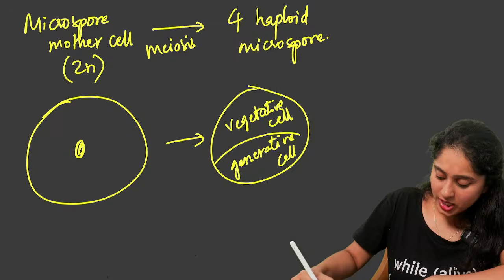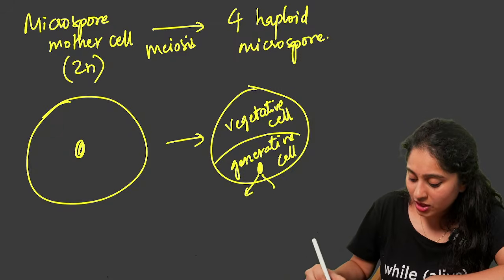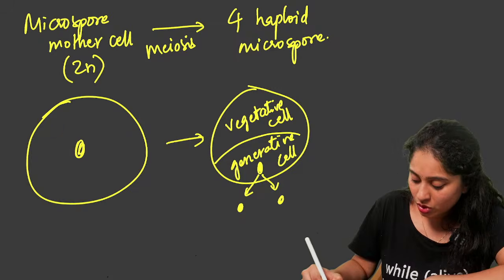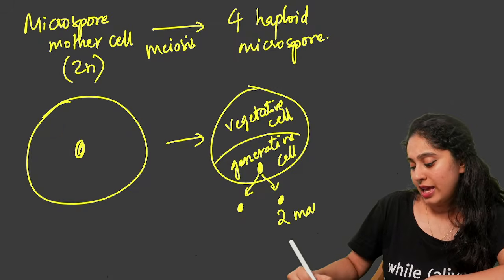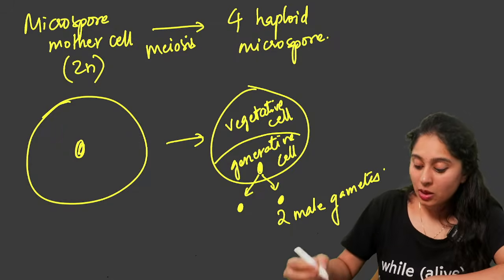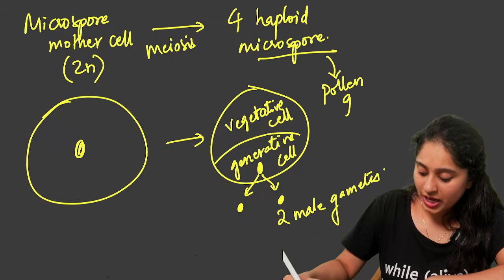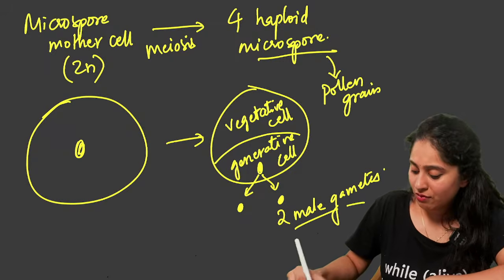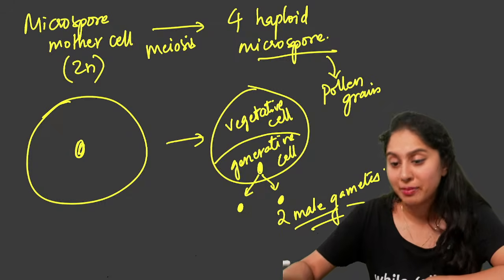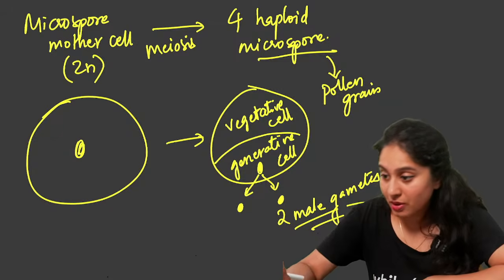In this generative cell we have one nucleus, and this nucleus further divides into 2 male gametes. These microspores develop into the pollen grain, and inside the pollen grain we will have 2 male gametes. Is that clear to all of you?